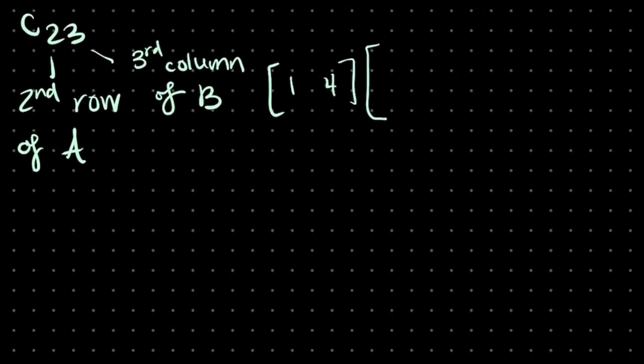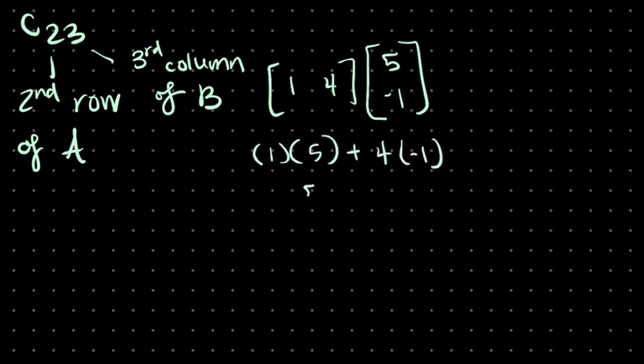Again, as we've been doing, we're going to do the first of the row times the first of the column, plus the second of the row times the second of the column. So it's going to be 5 minus 4, and that is going to be a 1.